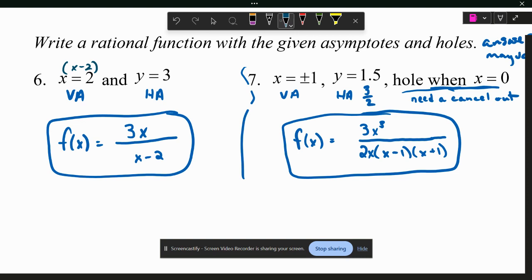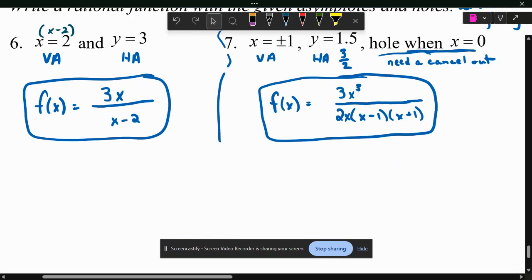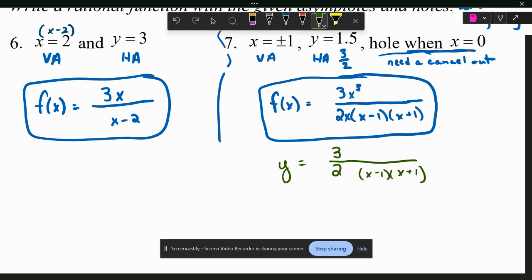And then a hole where x is equal to 0, so we would cancel out. The way that I would first start situating this type of problem is I would say y is equal to, I would look, okay, vertical asymptote, x minus 1, x plus 1, check. My horizontal is 1.5, so I have to have a 3 over 2 out front.